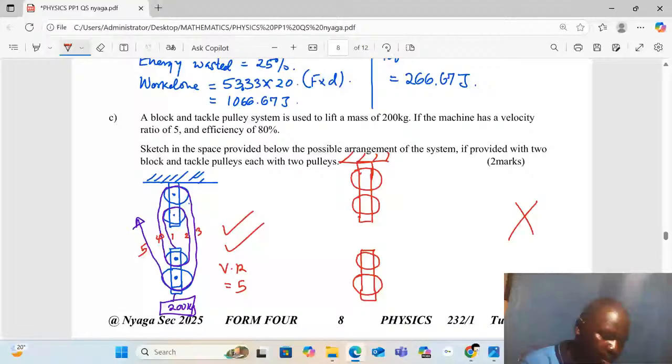This one is going to lead us to a velocity ratio of 4.